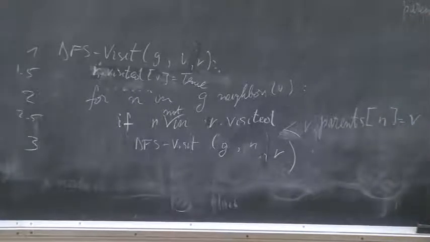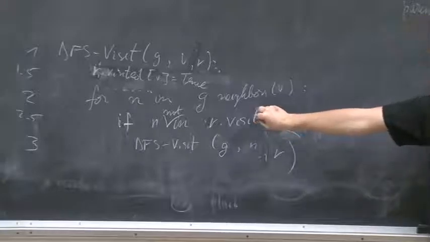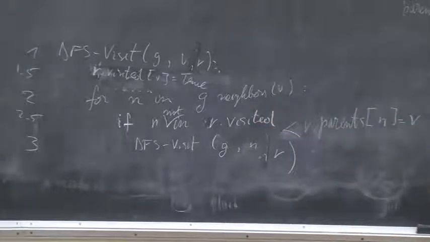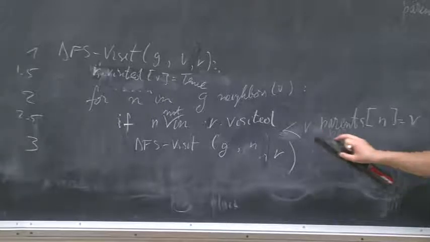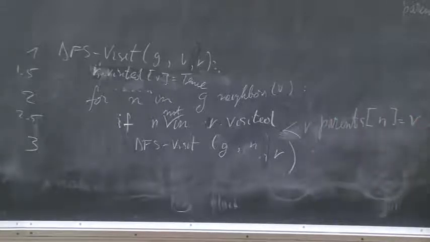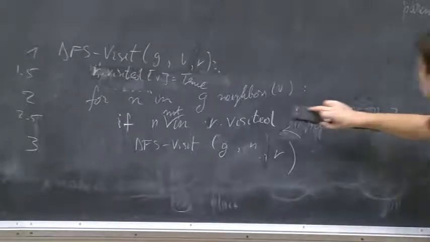And I don't have visited anymore, so this line is going to blow up. So what do I do instead? It doesn't have a parent? Yep. If it doesn't have a parent, we didn't visit it. So the parent works just like visited, except the values are not going to be all true. They're going to be something a bit more useful.